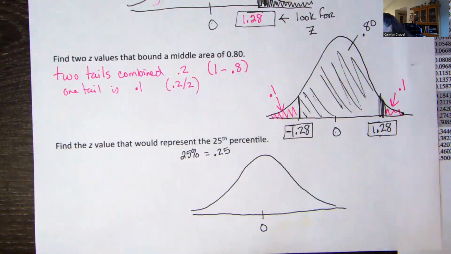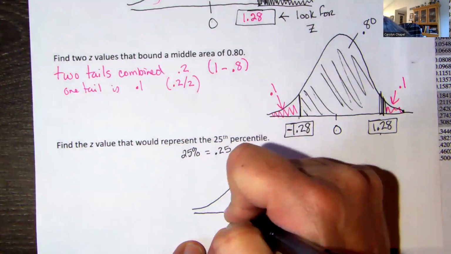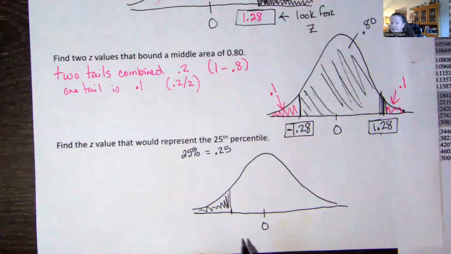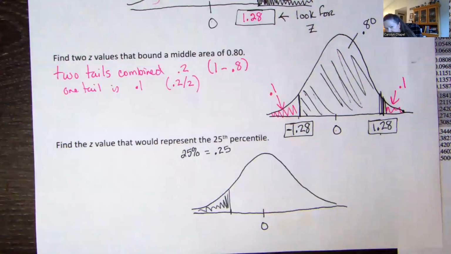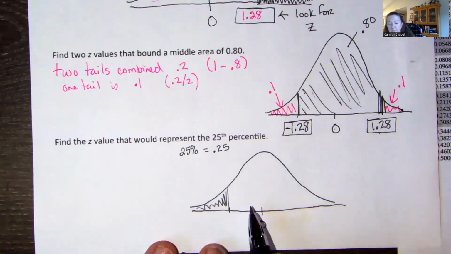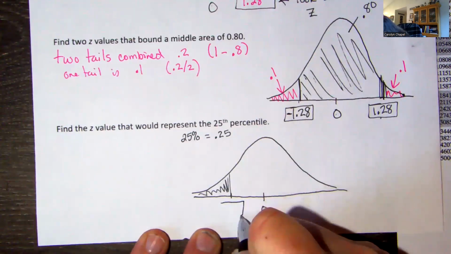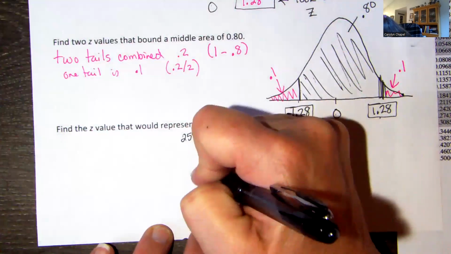Okay, so an area of 0.25, if I got here, that's 0.5. So 0.25 is going to be somewhere on this side. It's not going to be in the middle because this is not symmetric on the side. It does curve, even though my graphs don't look that way. So we're looking for this box, and this area is 0.25.